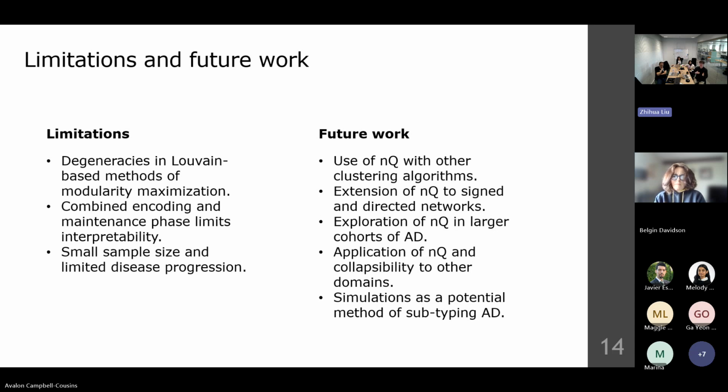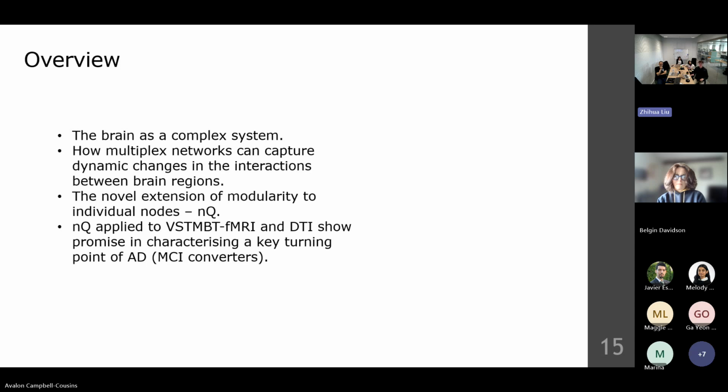And so if you had a method of simulating attacks to these networks in different ways, having separate ones for each trajectory pathway, then that might be quite an interesting way to probe these different AD subtypes in the future.